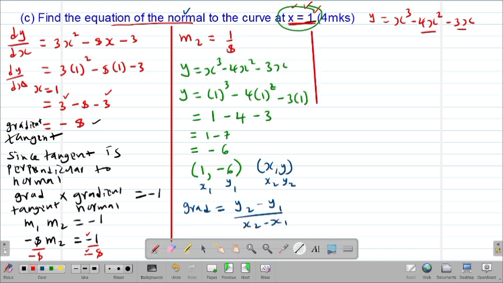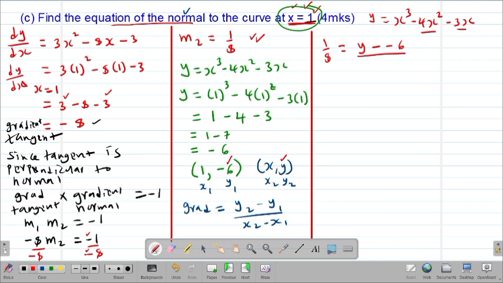Therefore, on substituting those coordinates in my equation of the gradient, my gradient was 1 over 8. So I'm going to have 1 over 8 equal to y2, which is y, minus y1, which is negative 6, so y minus negative 6, divided by x2, which is x, minus x1, which is positive 1.